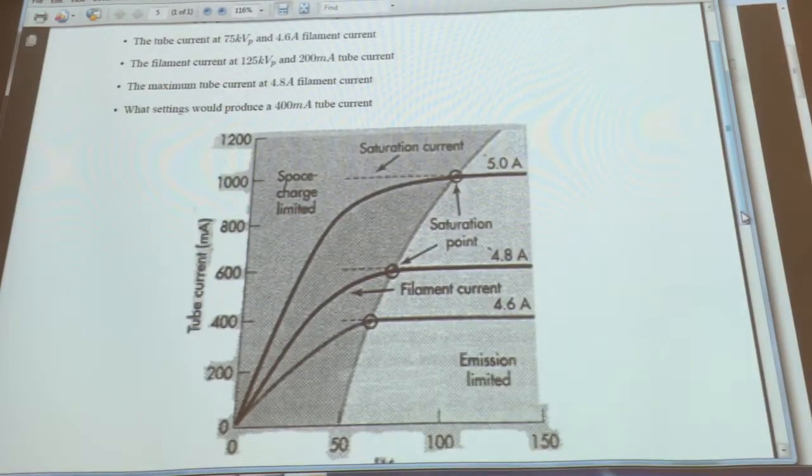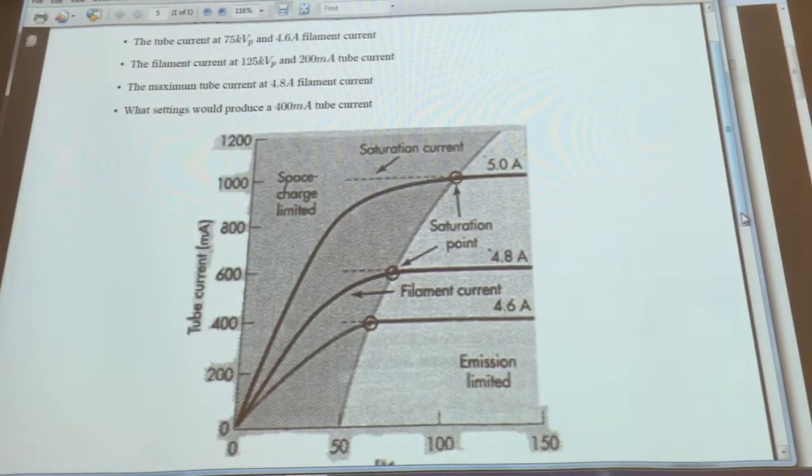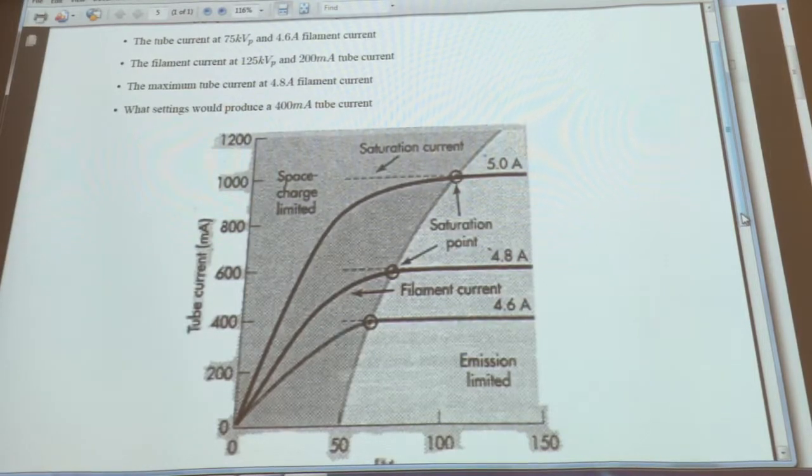And what filament currents could I use? If it's that low, it's not there. I can't get 200 milliamps at 125 kVp.